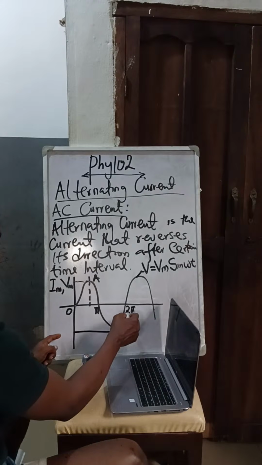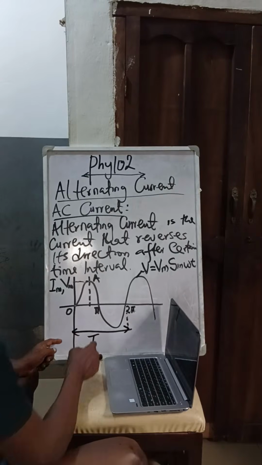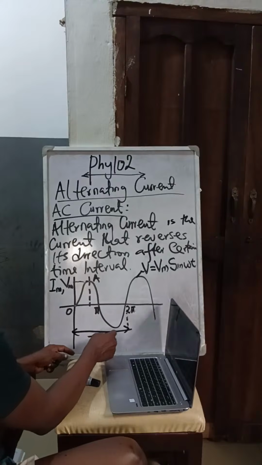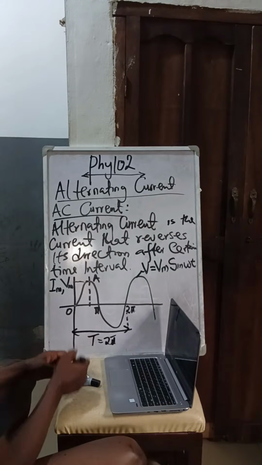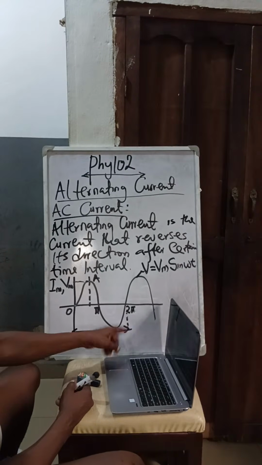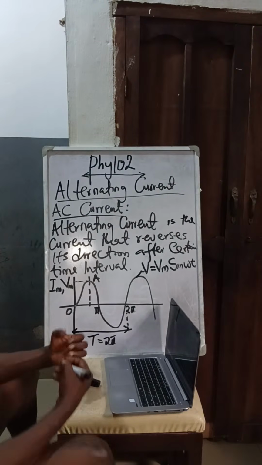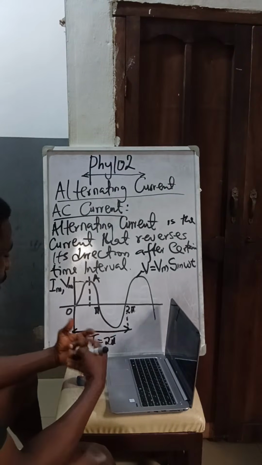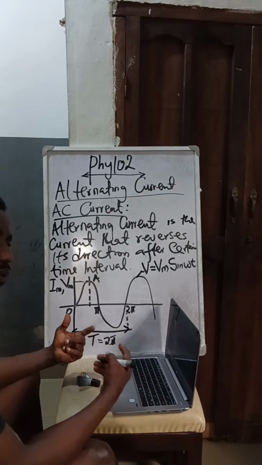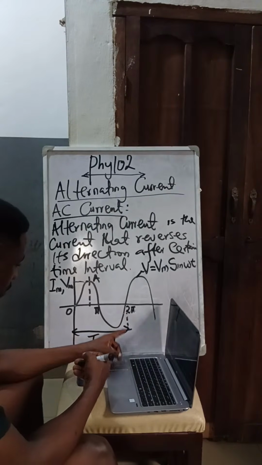Remember, the period of sine function is 2 pi. You remember? The period of sine function is 2 pi. That means from here to here makes 1 period. And period is the time taken for a particle to complete one oscillation. So from here to here is 2 pi.